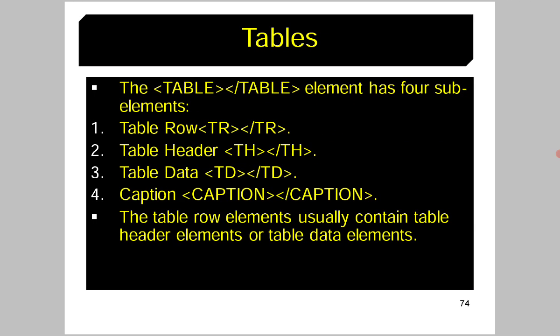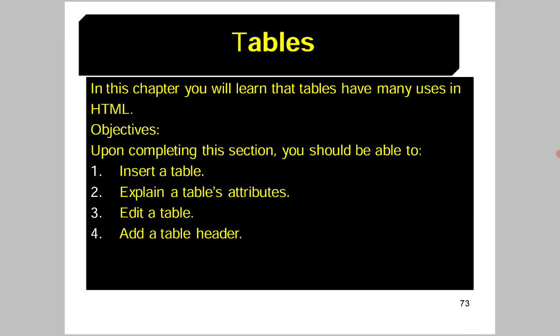So what is a table? A table is a collection of rows and columns to display some output or some results on a HTML page.